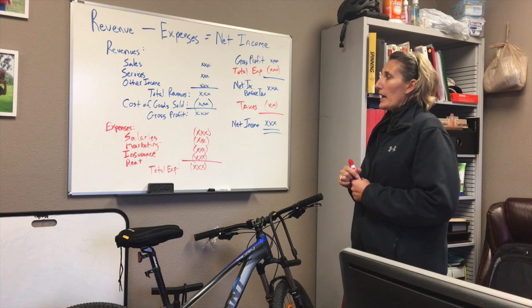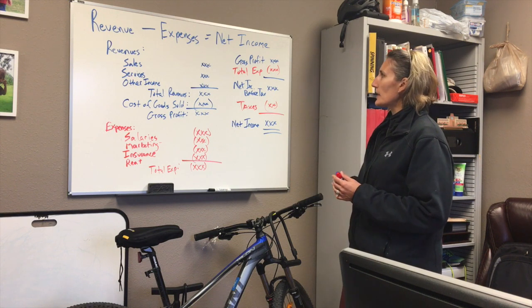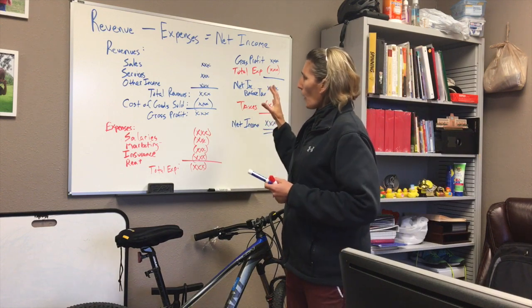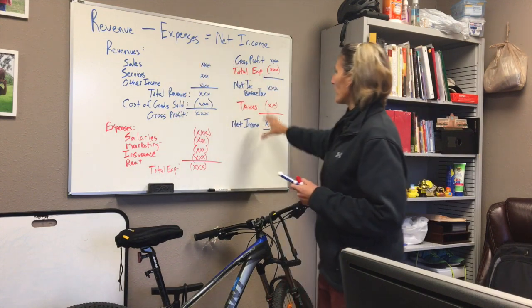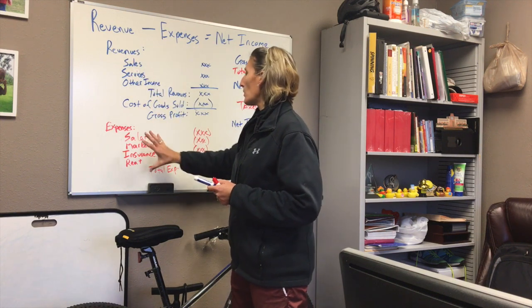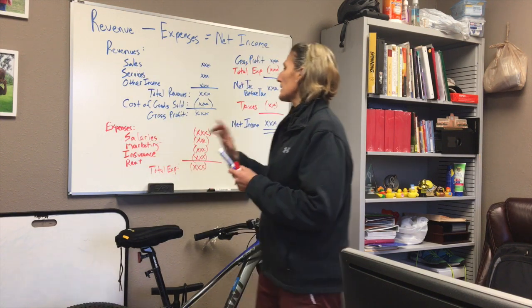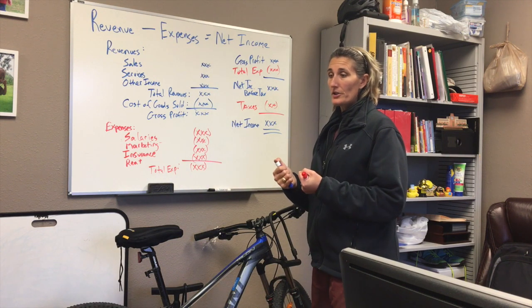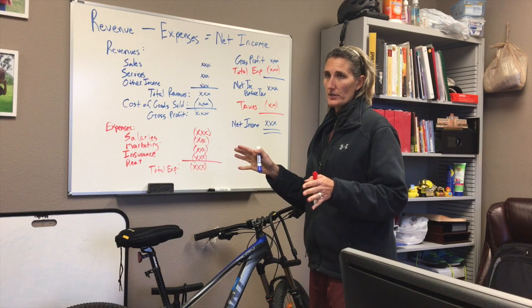All right. Now, the thing to think about, we talked about normal balances. Once again, all of these have accounts. If it's listed here as a revenue, cost of goods sold, or an expense, those will all have accounts in what we call the general ledger. And again, your general ledger tracks all of your transactions.